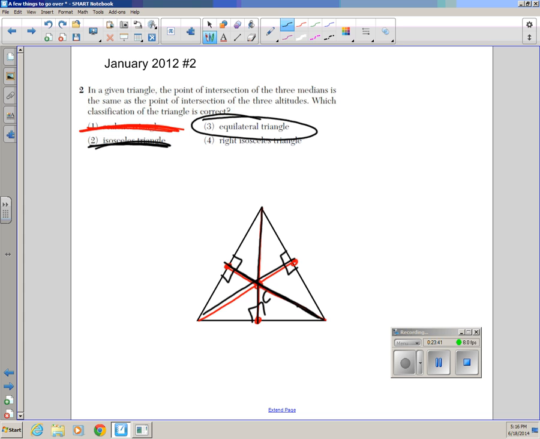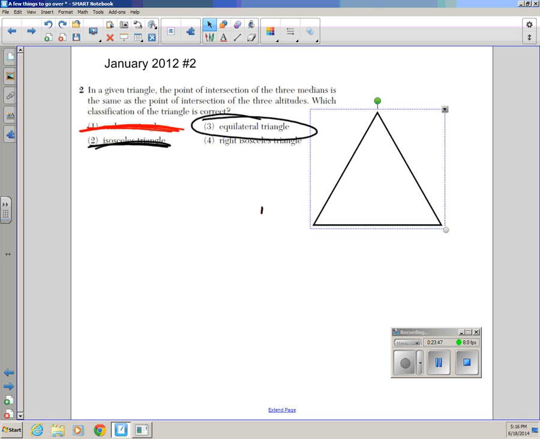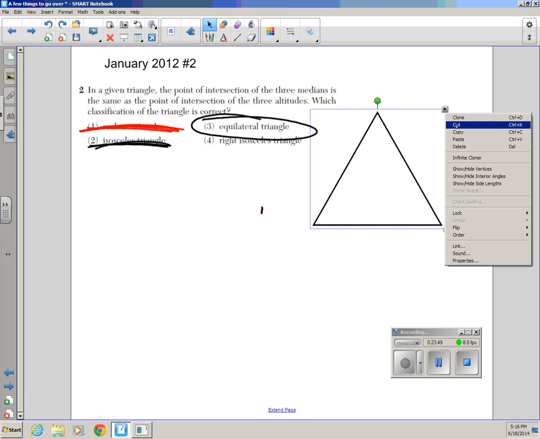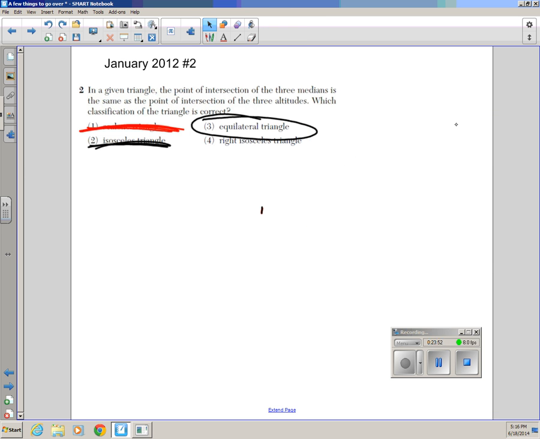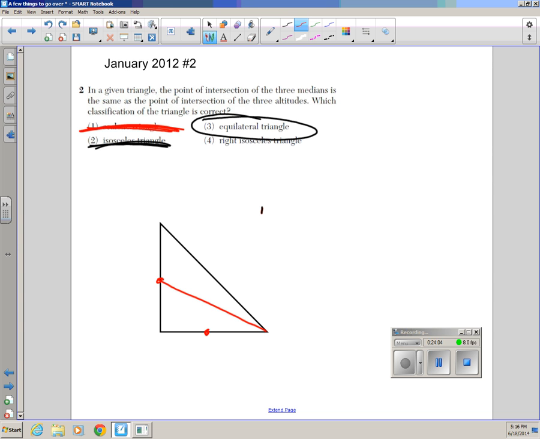Okay? And number 4 is a right isosceles triangle, which looks like this. Here's my right isosceles triangle. My medians: midpoint to vertex, midpoint to vertex, midpoint to vertex. There's my centroid.